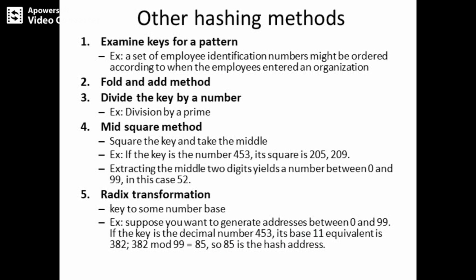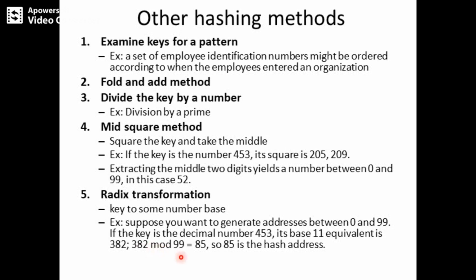After that, I am going to do 382 mod some number. Instead of 99, I can also choose 101, which is a prime and will give me the best solution, so it is better to use 101 here.